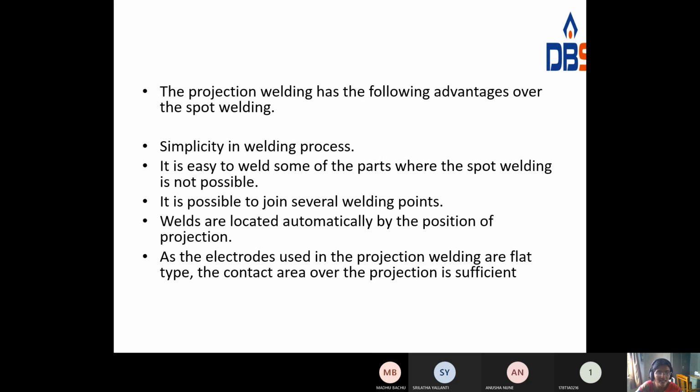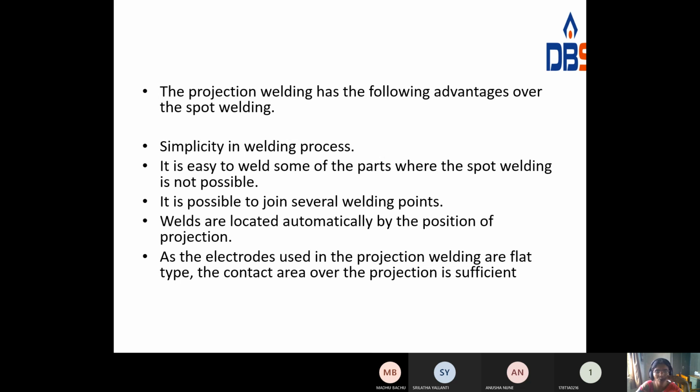So what are the advantages? Simplicity in the welding process. It is used to weld some parts where spot welding is not possible. In those cases you use projection welding. It is possible to join several welding points, that means it is useful to join several welds.